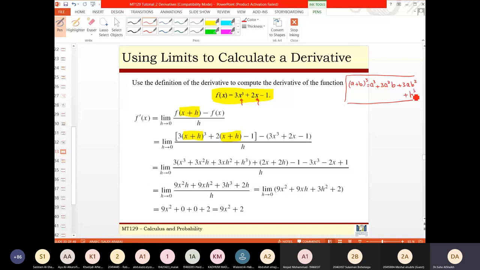You know this rule? I'm raising to a power 3 now, not a power 2. The cube of the first, the cube of the second, 3 times the square of the first times the second, 3 times the first times the square of the second.